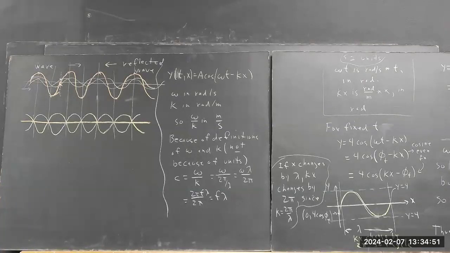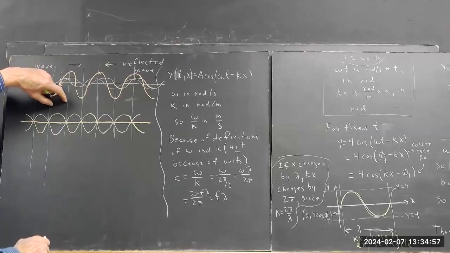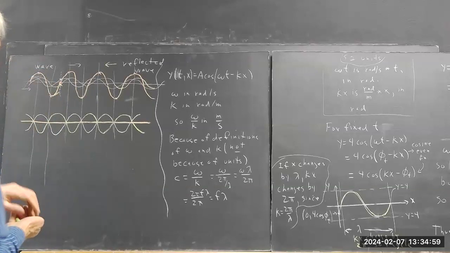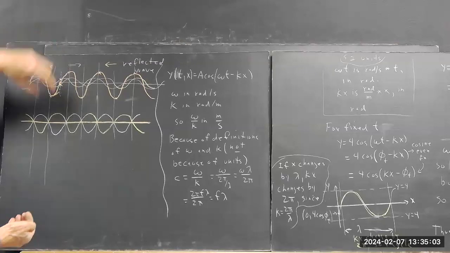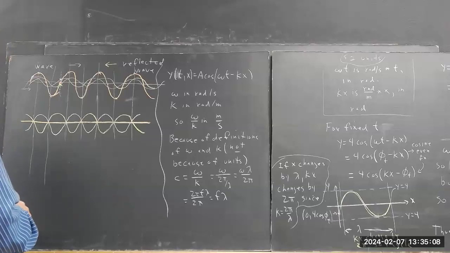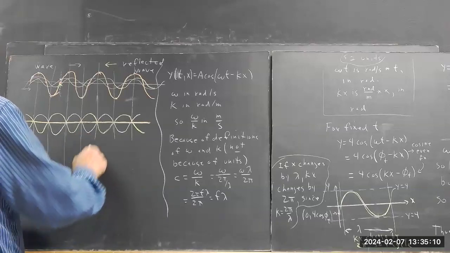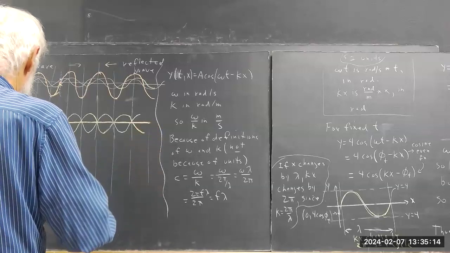Now, if they shift a little bit more, another quarter of a wavelength in each direction. These are what? From here to here is a wavelength. These are half wavelengths. If we move a quarter wavelength in each direction, what's going to happen?